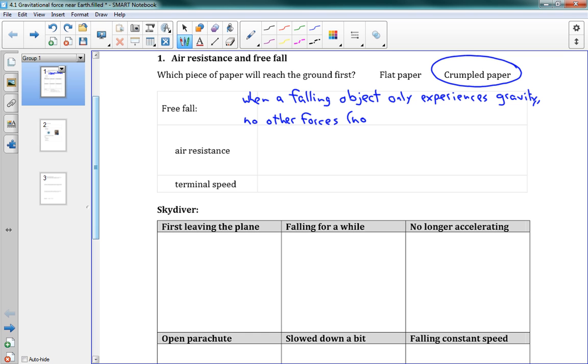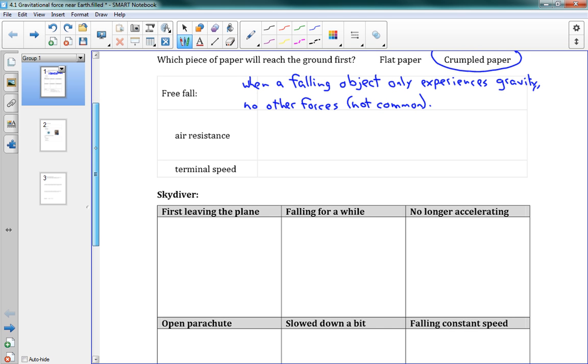Now this is not very common. Usually, when you have something falling, it has wind going against it, and it creates something called air resistance.